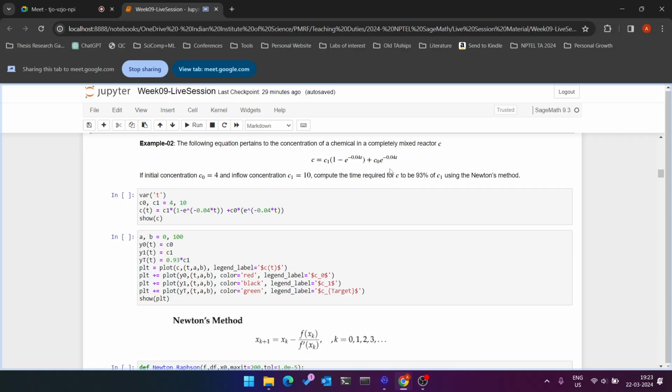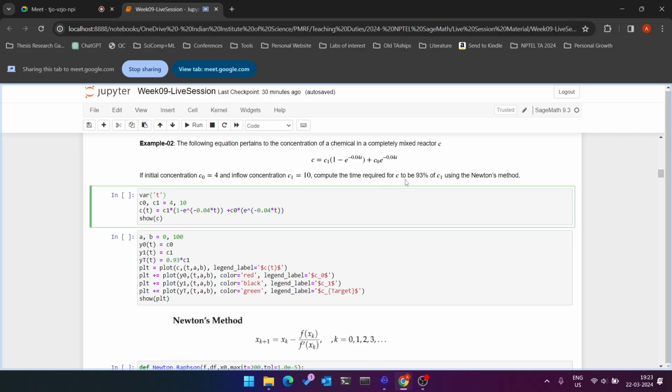There is an inflow concentration, and the difference in concentration seems to be adding up to a particular parameter, and we expect the concentration to move up because as t becomes very large, this minus 0.04t becomes a large negative number, and therefore the contribution from e raised to minus 0.04t both in the C1 and C0 term should vanish, finally converting to C1, which is 10.